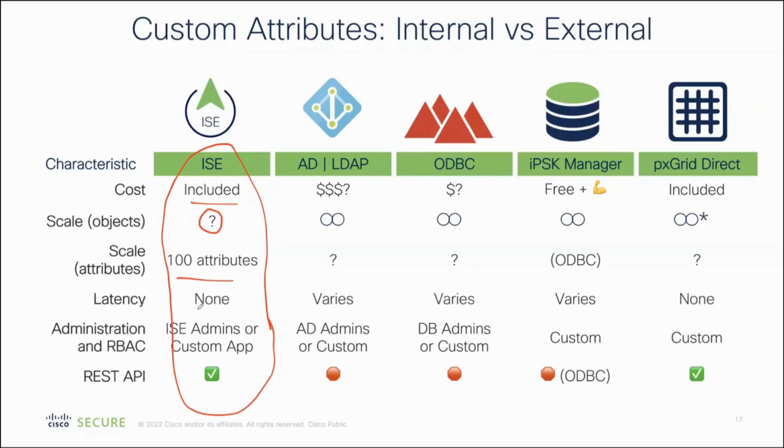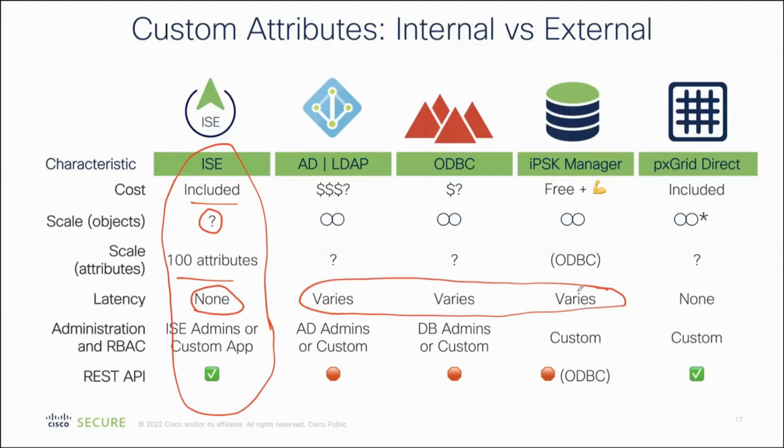The one thing that's great about it is notice that there is virtually no latency. I said none just because it's near zero. It's like single to double-digit milliseconds. It's really, really small. When you compare that to going out over a network to some of these other databases, right? Whenever you're doing an external query over a network, stuff can happen.